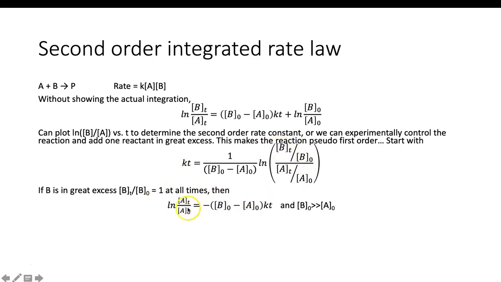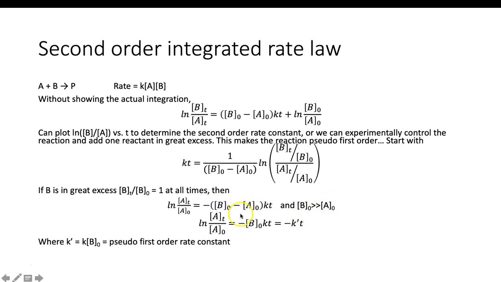And so then our expression is the natural log of A over A0 is equal to this kt. Now if we were to look at this linearly, this would be natural log of A equals minus this component kt. Now we know that B is much larger than A, so the slope of a plot of natural log of A versus t would be the initial concentration of B, our large concentration, times our second order rate constant.